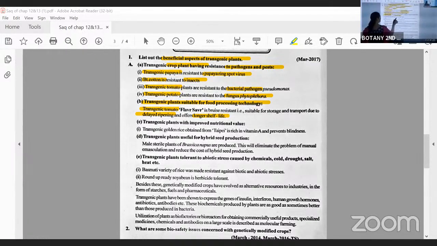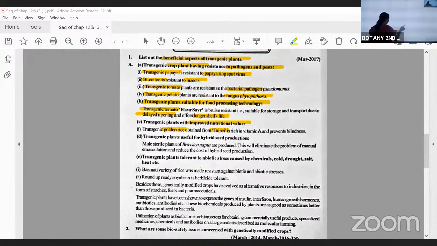And the third one is that it improves the nutritional value in the plant body. So in which way can we say the nutritional value was increased? Here, the golden rice, transgenic golden rice, which is very rich in vitamin A. Yesterday also I said, if you increase the vitamins in rice, it will be very useful for every person, that is the common man.